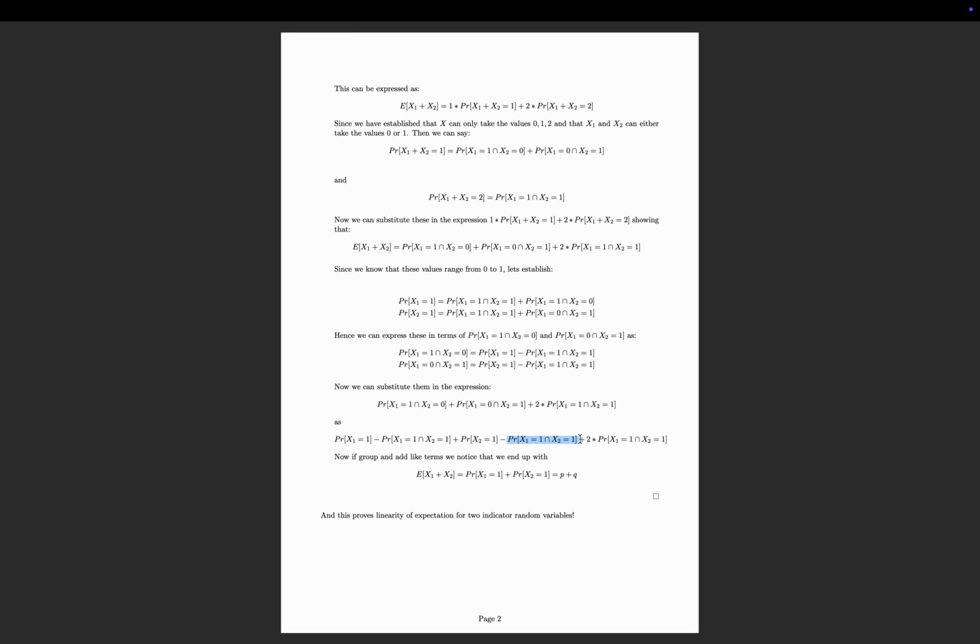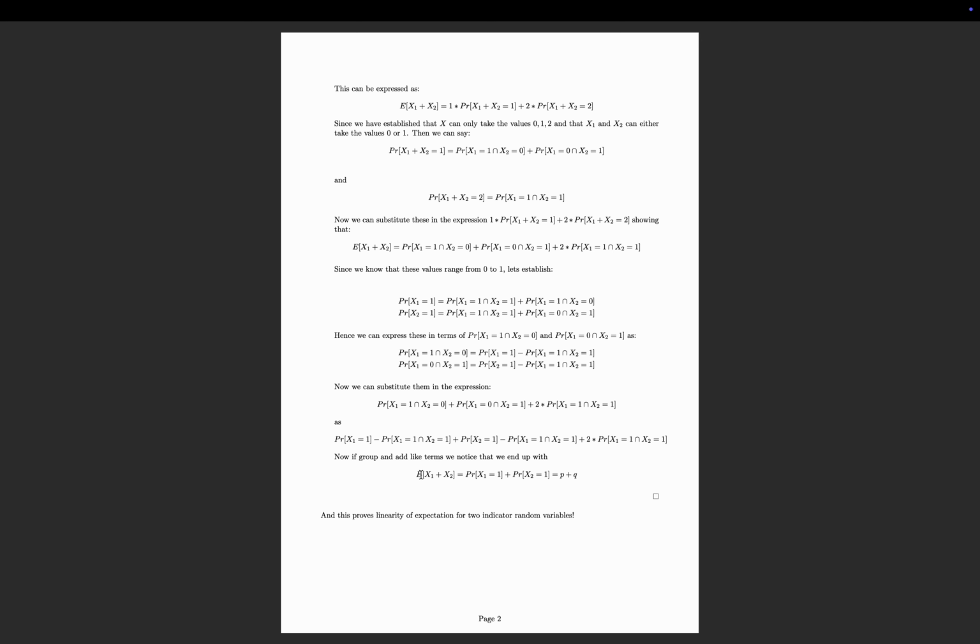So these should eliminate each other, which would just leave us with the probability that x1 is equal to 1 plus the probability that x2 is equal to 1. And what is P plus Q? P plus Q is this as well.